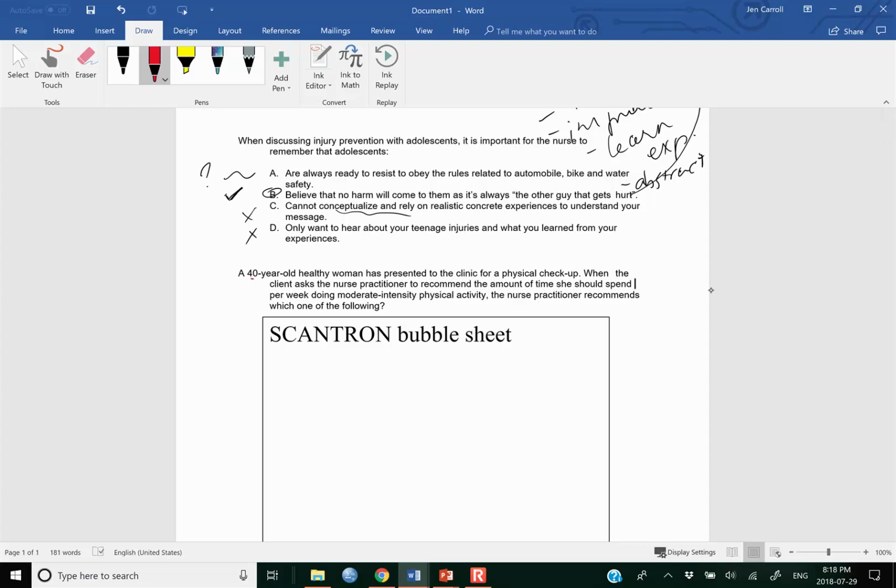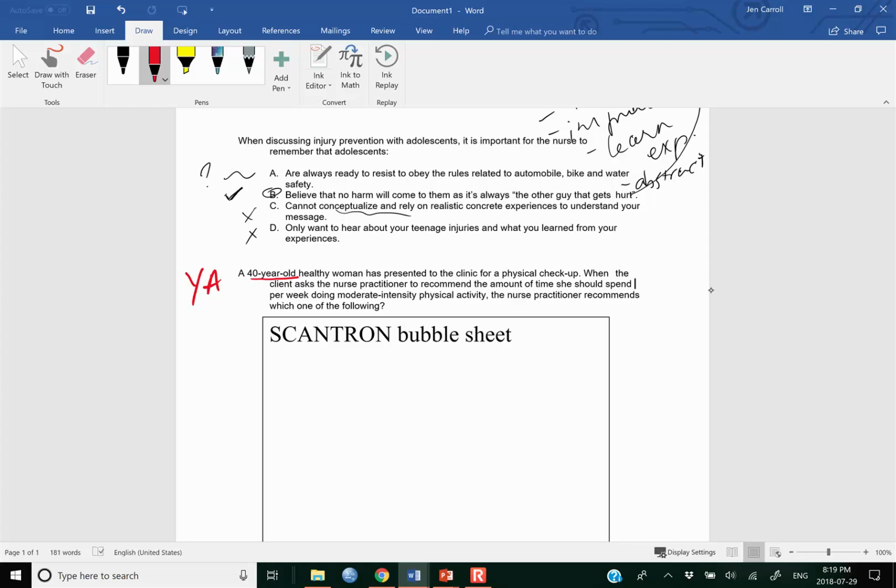So underlining key information: 40-year-old, so we know we're talking about a young adult. That's a Y and an A there for anybody who can't read my hieroglyphics. Young adult, or the end of young adult. I guess really it's early middle age, but I want to believe otherwise because I'm in that group now.